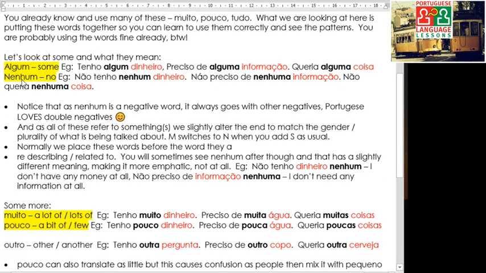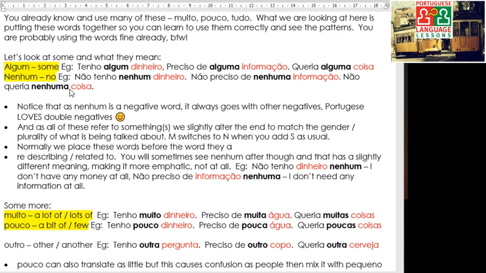We've got here algum, some. For example, tenho algum dinheiro. Preciso de alguma informação. Queria alguma coisa. Okay. I want some money, I need some information, I want something. Or nenhum, no. Hard to pronounce this, nenhum. Everyone always struggles with it.